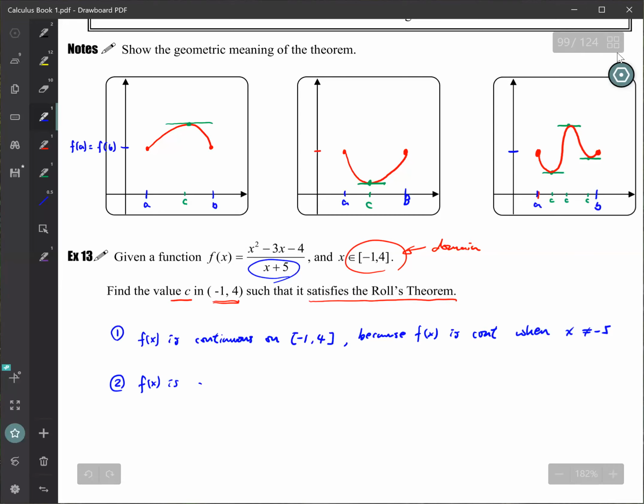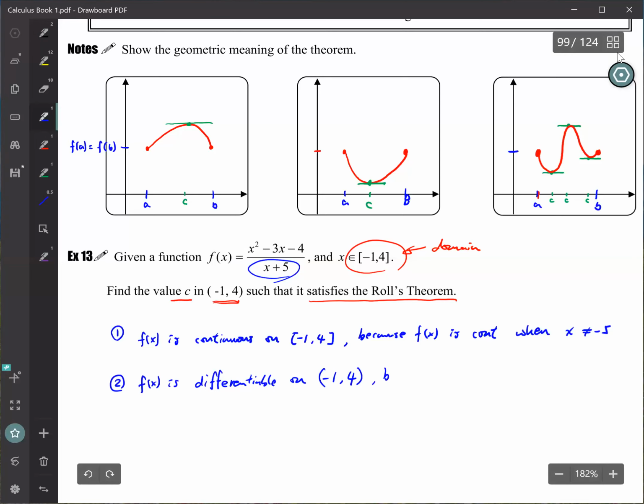Yeah, okay. Differentiable. So you need to memorize the three conditions, right? Differentiable on -1 to 4. And what kind of interval, Leon? Is it closed or open? Open. Yeah, so differentiable has to be open.